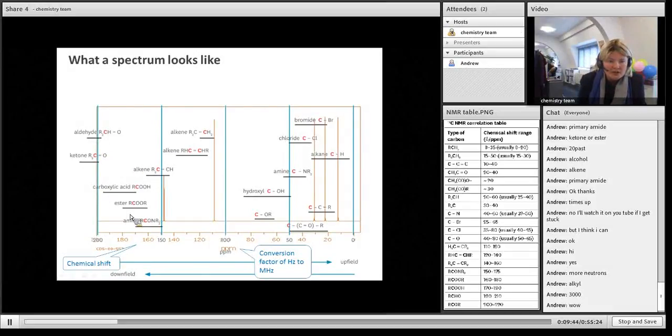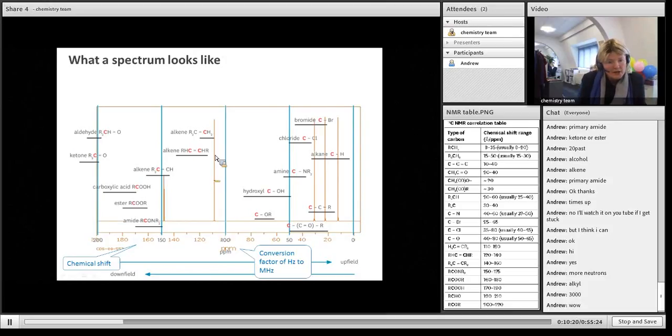We're looking at this upfield, sort of 200 and beyond. Then we're looking in this where it's between 150 and 200. It's actually 5 regions actually. And then 100 to 150. So basically all your C double bond O, your carbonyls, are in this area. And why I've divided this into two is that normally 200 and above is aldehydes and ketones, and all the other carbonyls are between 150 and 200.